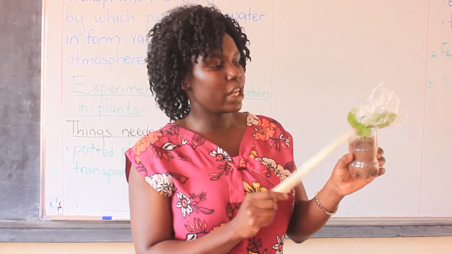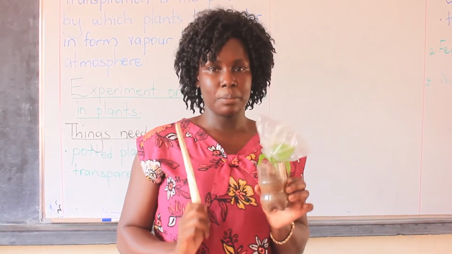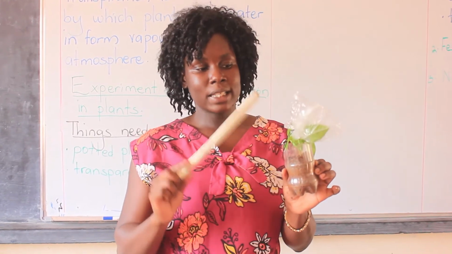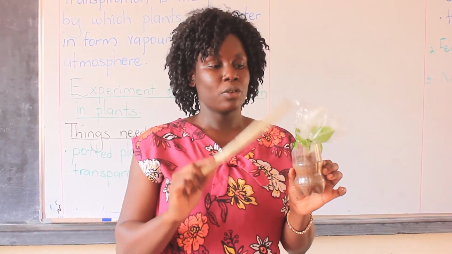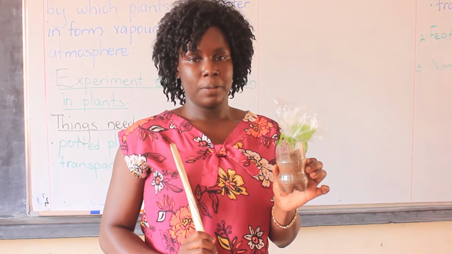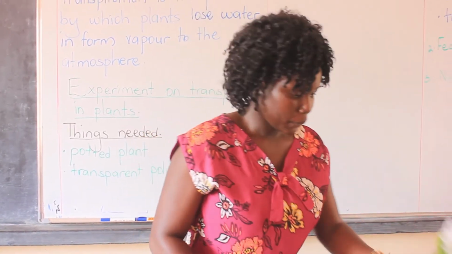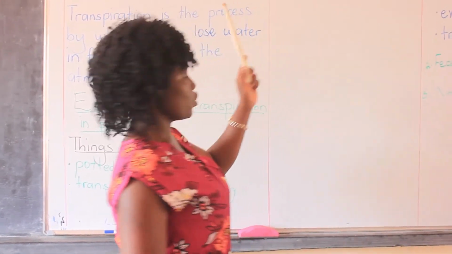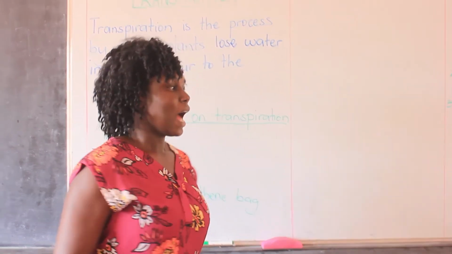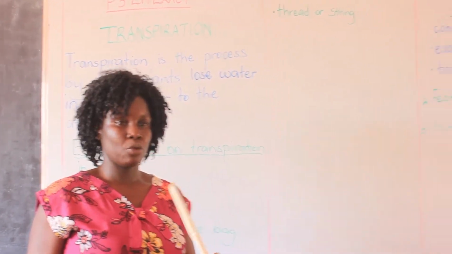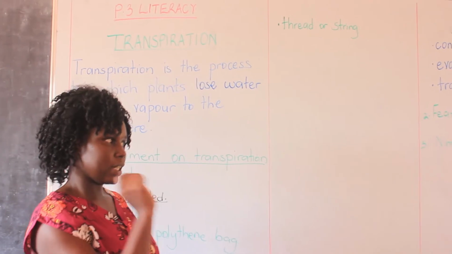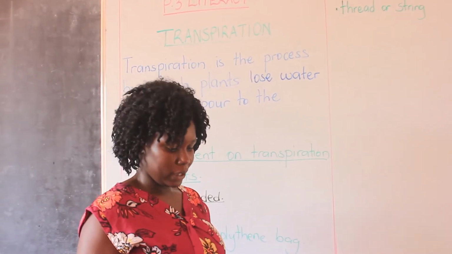Now this string or thread helps you to tie the polythene bag properly. Then this polythene bag will be able to trap the water vapor. So the thread helps you to tie this polythene bag, and the transparent polythene bag will help you to see clearly what is happening to the plant.